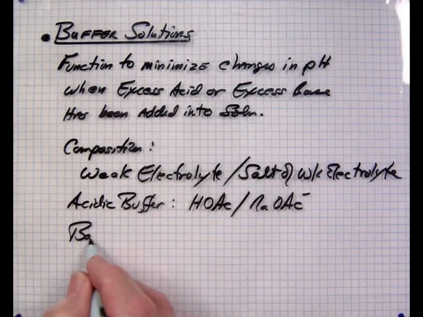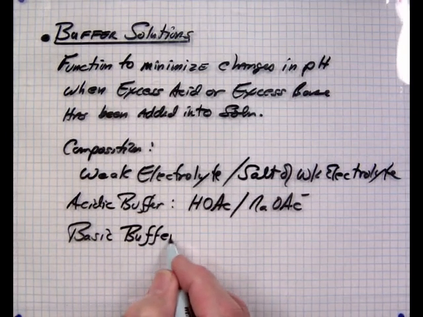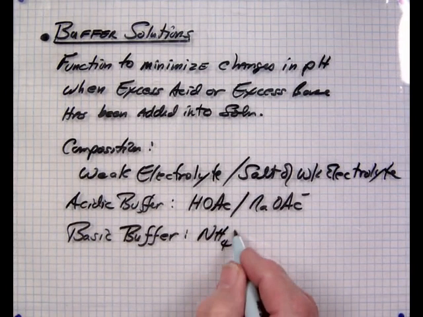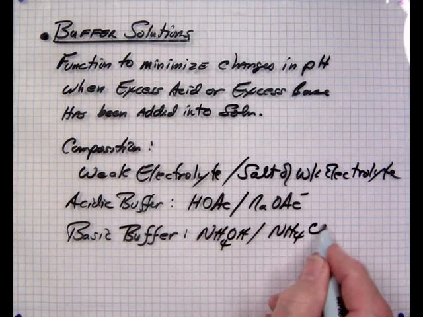An alkaline or basic buffer might be ammonium hydroxide and ammonium chloride.